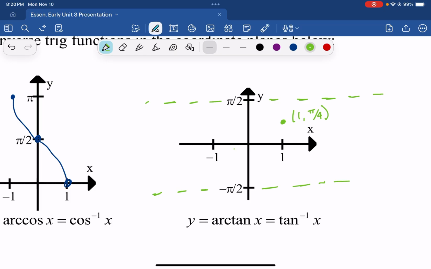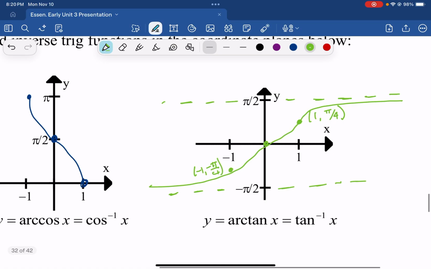Also, arc tangent of -1 is -π/4, and 0 is 0. So when we graph this function, it looks something like that, where π/2 and -π/2 are essentially horizontal asymptotes.